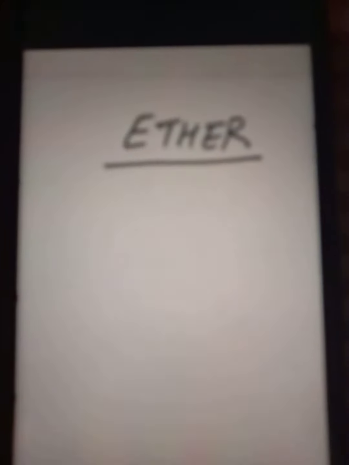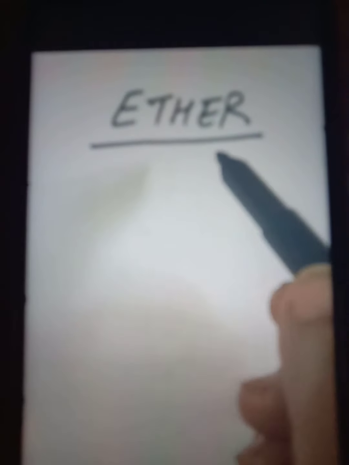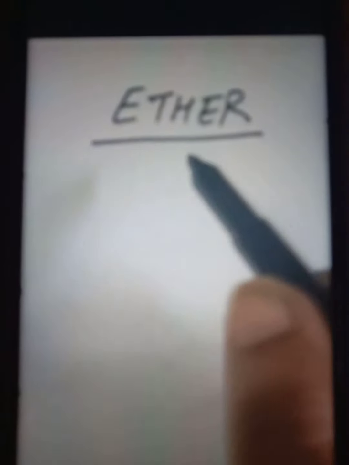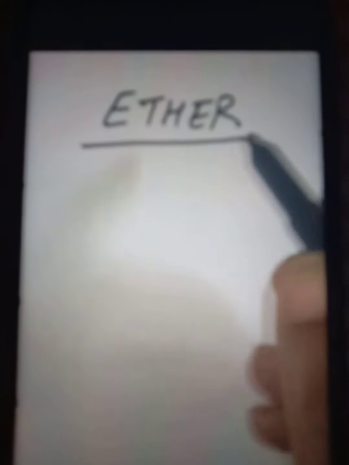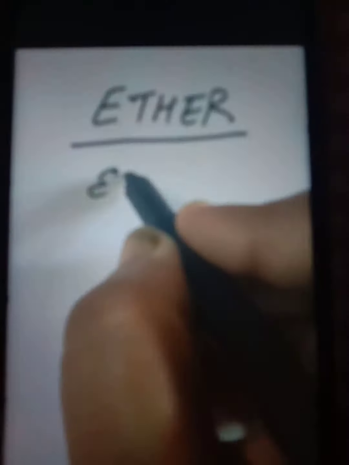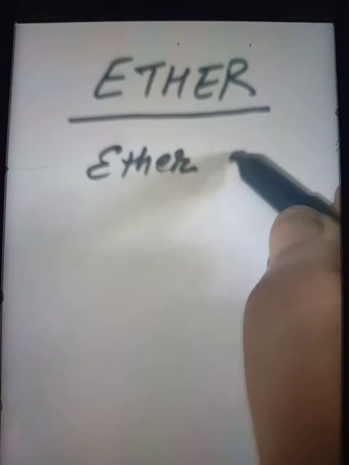Today we are going to discuss the topic of organic chemistry, ether. Basically, these are the organic compounds that contain an ether group. Now the question is, what is ether group?